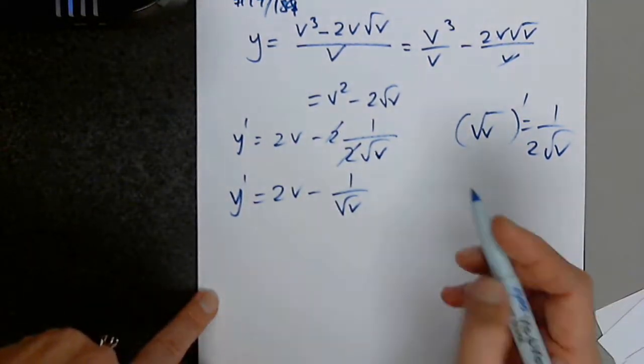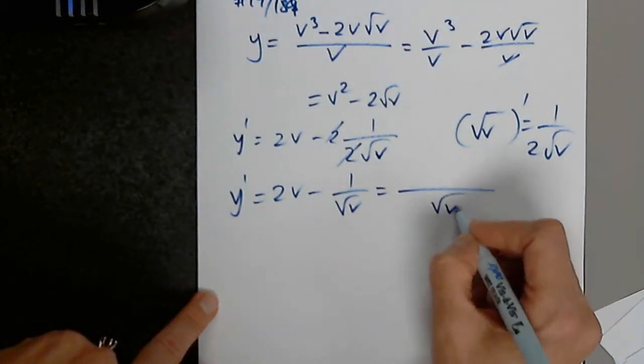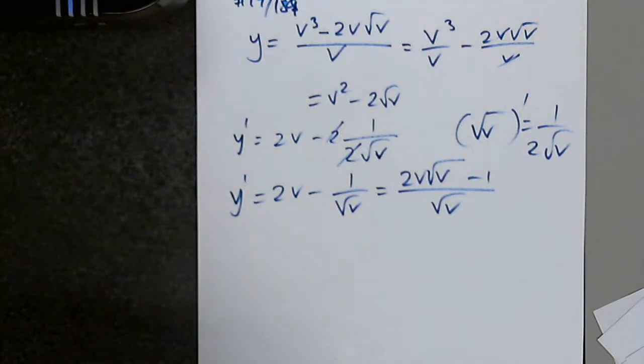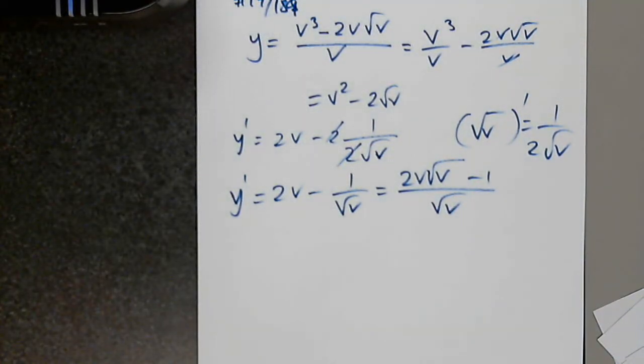If you want the least common denominator, you have 2v, the square root of v, minus 1. This is what I would do for any situation in which the denominator is just one term. I would not mess with the quotient rule. You will get the same answer if you do, but it's a longer process.